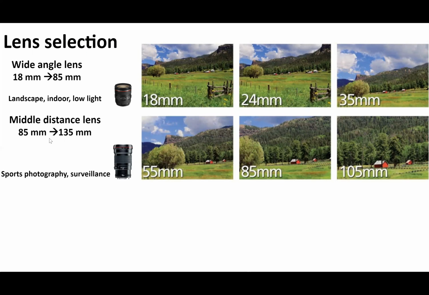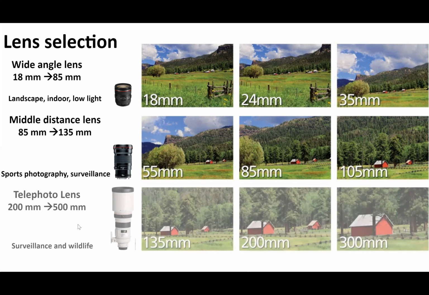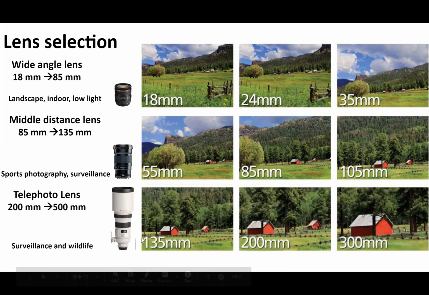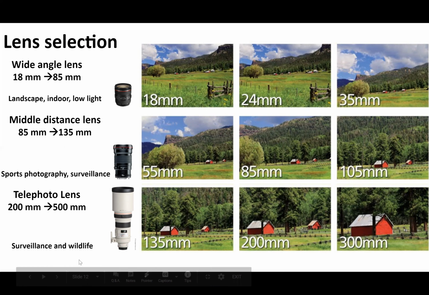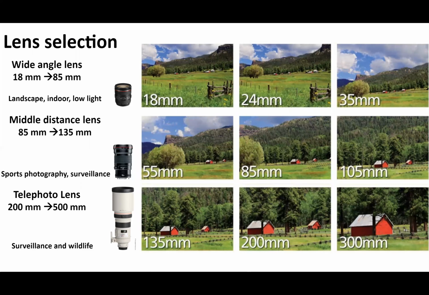The middle distance lens is for sports photography and surveillance, a little bit closer. And here's the telephoto lens, which you could get even closer, even though you're pretty far away. And it's used for surveillance and wildlife.